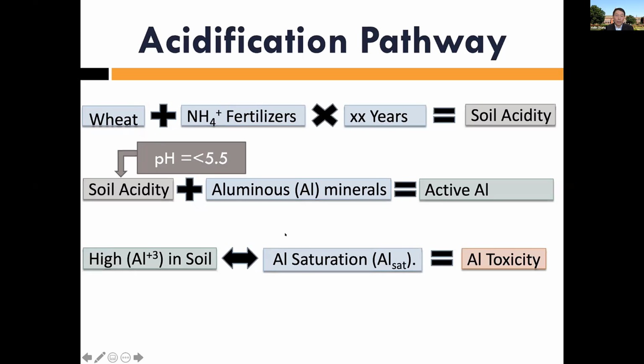So this is how soil acidity can affect plant performance. Besides, pH affects nutrient availability, like phosphorus at low pH, and at high pH micronutrients such as iron and zinc.